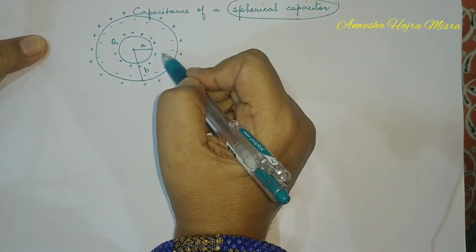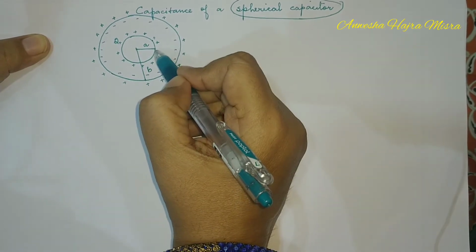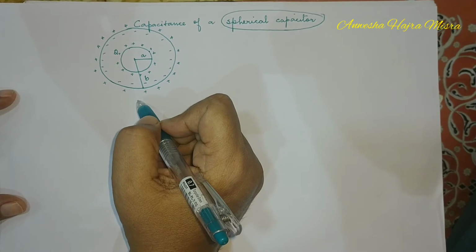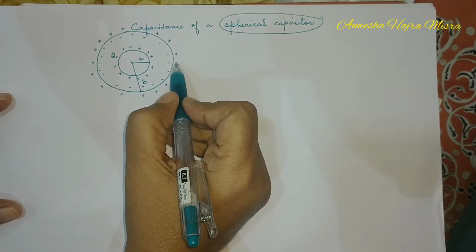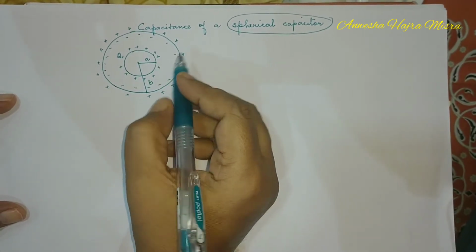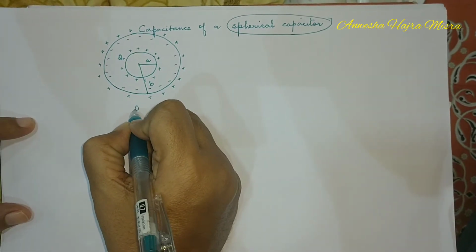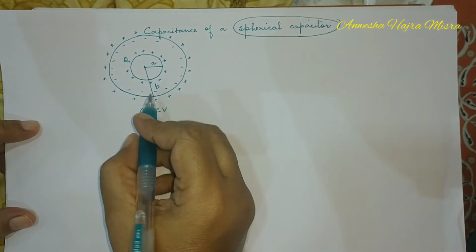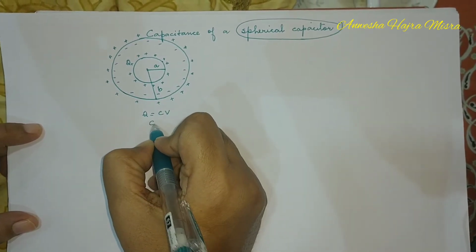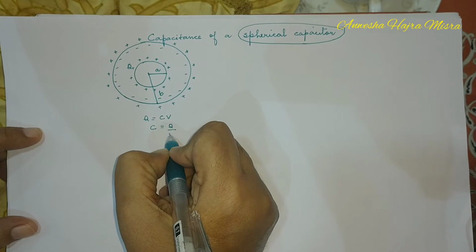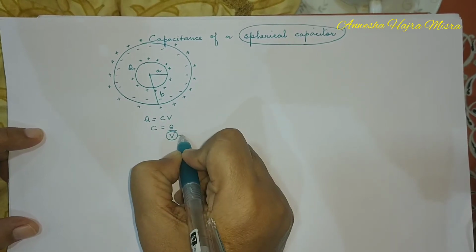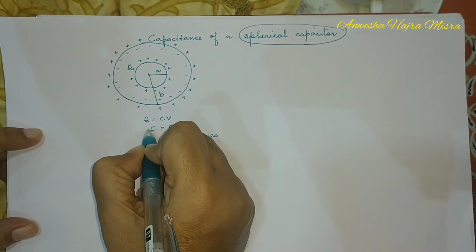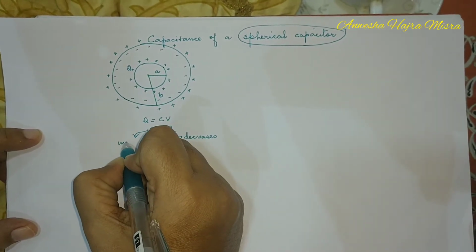But what happens? Negative, being closer to this body, reduces the potential of the body, but positive, being far apart, increases the potential. Now we all know Q is equal to CV. Now C is Q by V, so if V decreases, C will increase.